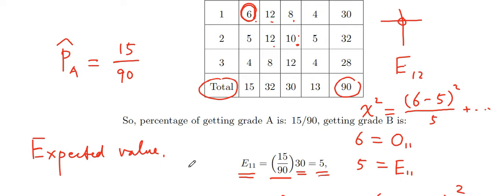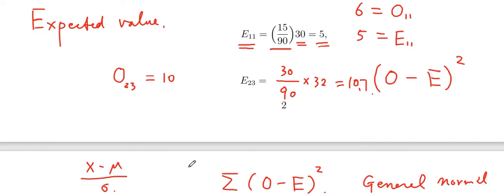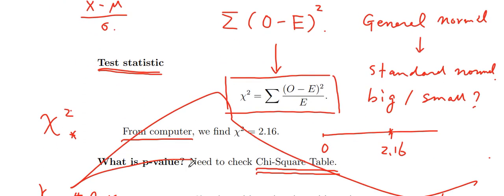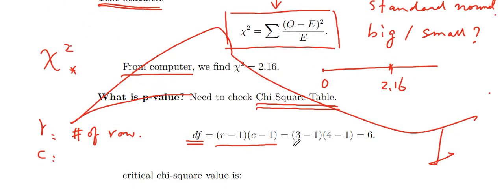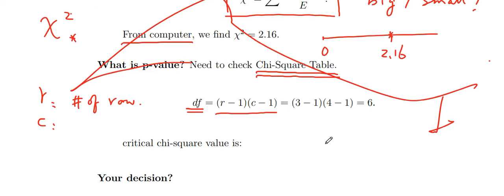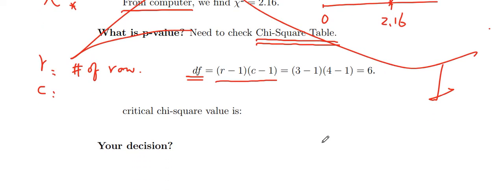And C, how many columns, how many categories? A, B, C, D, or F. So 4. So the degrees of freedom is 3 minus 1 times 4 minus 1, which equals 6.